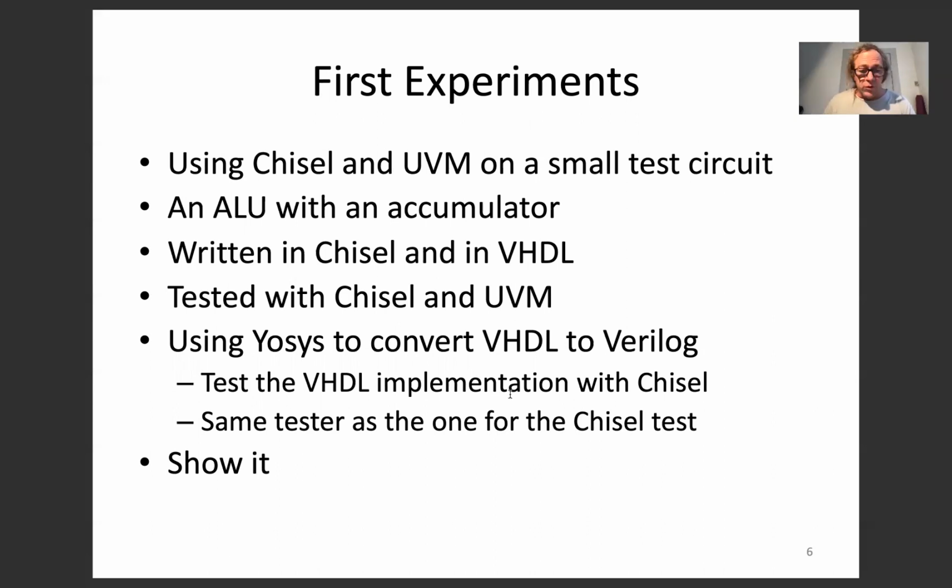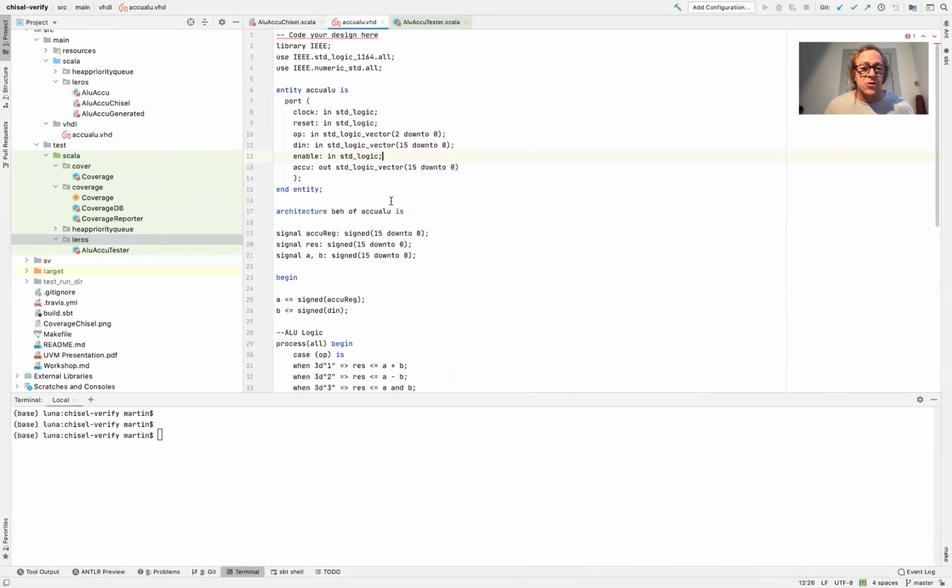We wrote tests for this circuit with Chisel and UVM. We're using Yosys to convert VHDL to Verilog, and then we can test the VHDL implementation with Chisel. So we can use the same testing environment for our Chisel implementation and our VHDL implementation. Let me give you a quick demo.